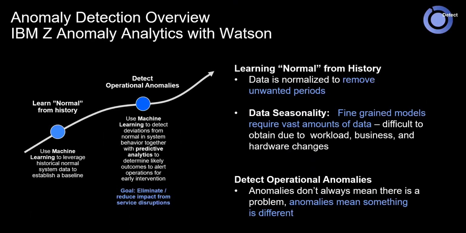So let's start with the event modeling parts of this. There are a couple of key things that I want to mention as I'm going through, and those are listed on the right side. This phase is all about learning about your environment and understanding what's normal from history. To do this, we leverage historical data and use our machine learning engines.